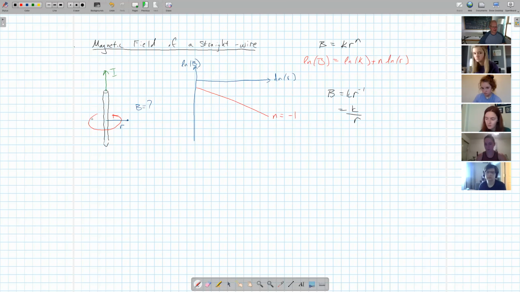So if we have a wire which is carrying current, right-hand rule number 1 says we put our thumb in the direction of the current, and our fingers curl around in the direction of the magnetic field.